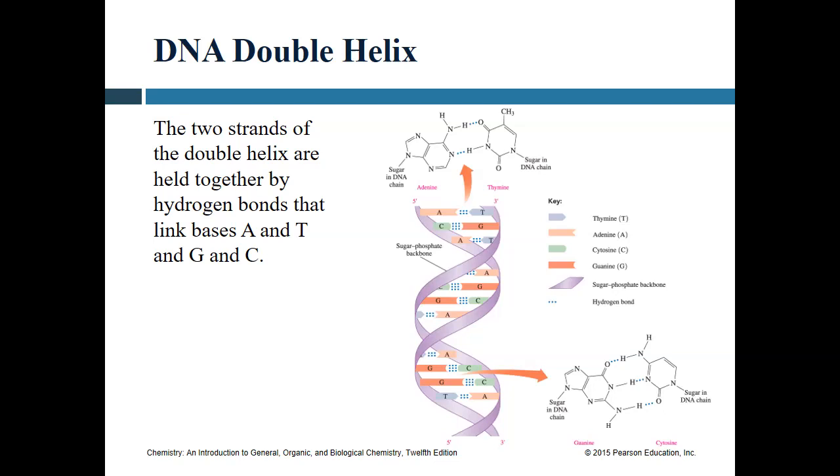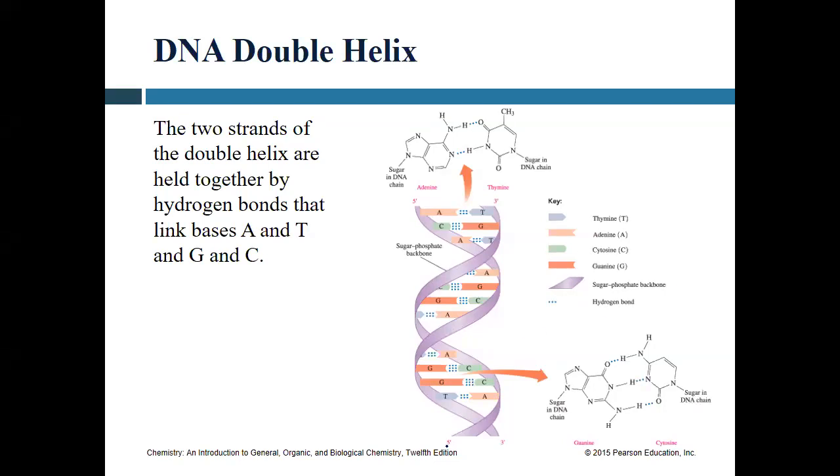So now what happens, what we can start to see is that we've got a double helix going here. We've got two separate strands of DNA, but they are oriented opposite of each other. So look closely.